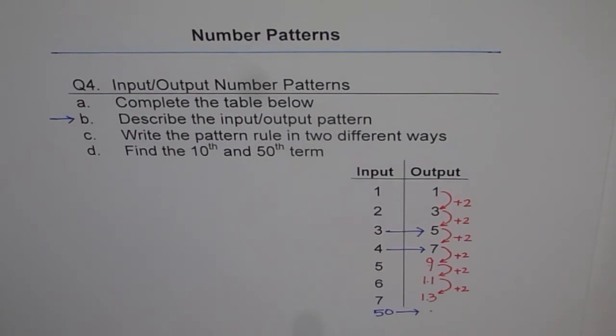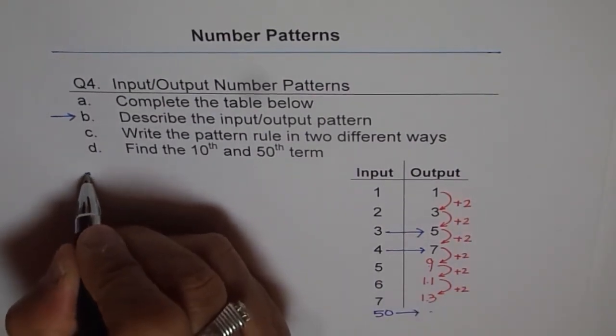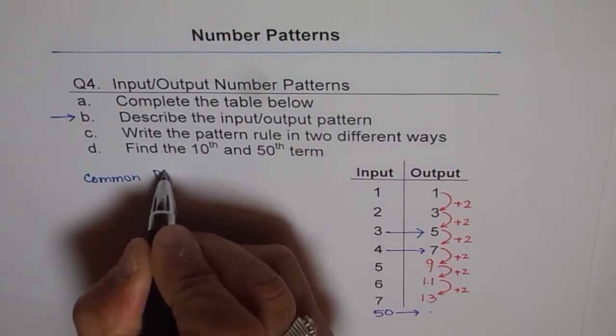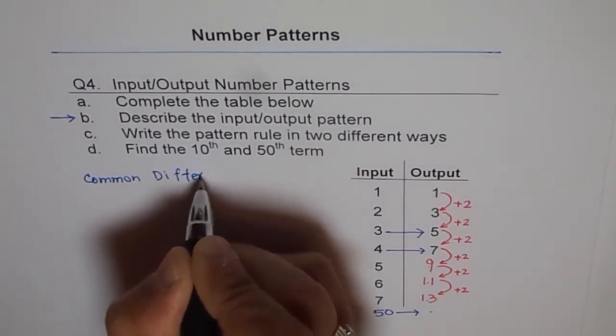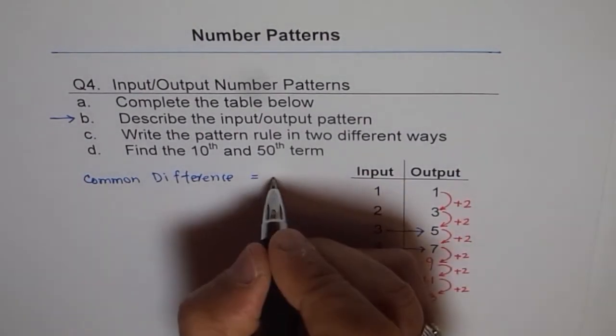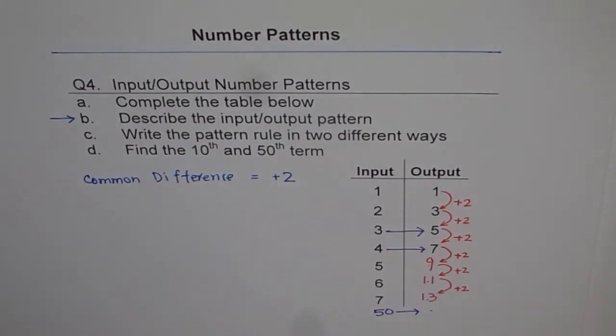So let's see how. What we will use here is this number 2, which is called the common difference. So we find the common difference. What is the common difference here? Common difference is plus 2, right? That plus 2 is key.